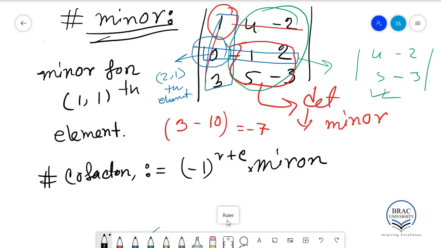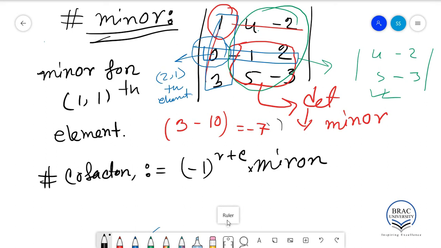This is how you can evaluate a cofactor. For example, if I wanted the cofactor for 1/1th element, you just have to put r equals 1, c equals 1, and you calculated the minor before, that's minus 7, and the result is minus 7. That is, this is the cofactor. This is how you can calculate cofactor and minors.